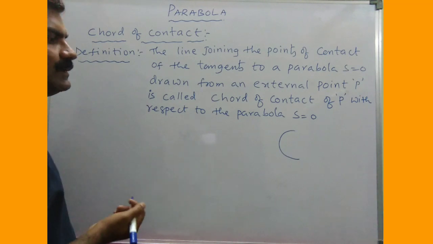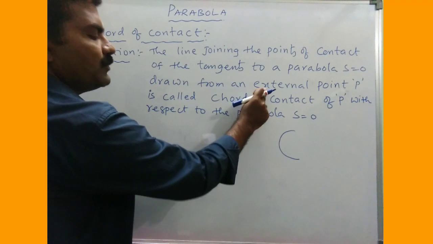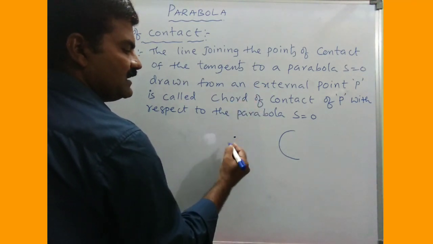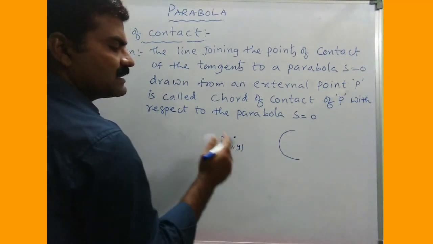Let this be the curve, the parabola y squared equals 4ax, and suppose this is the point P(x1, y1), an external point.